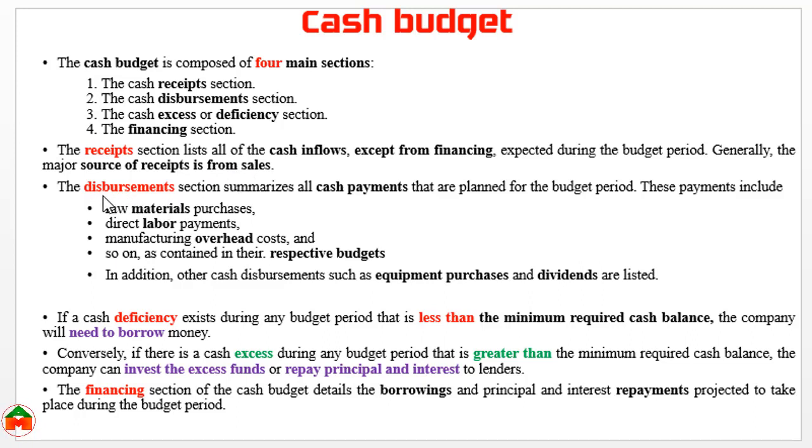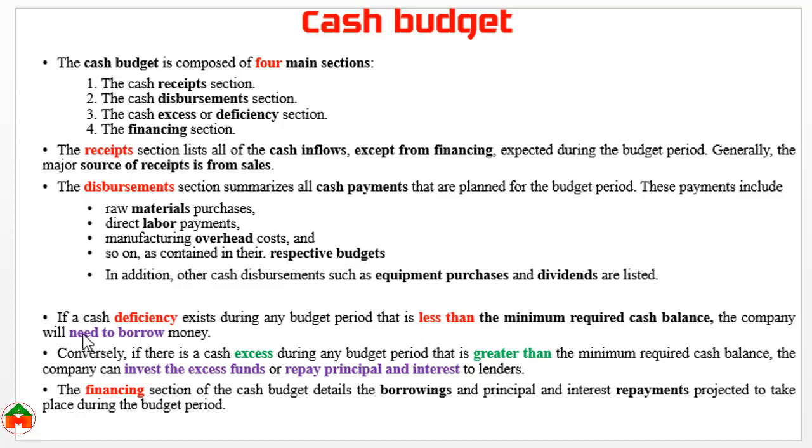And in the disbursement section, we show all the disbursements, like cash payment for raw materials purchase, for direct labor, for manufacturing overhead cost, for selling and administrative expense or any other expense, as well as if we make any equipment purchase or pay dividends. That means all other payments or disbursements should be shown in the second section, the disbursement section of the cash budget.